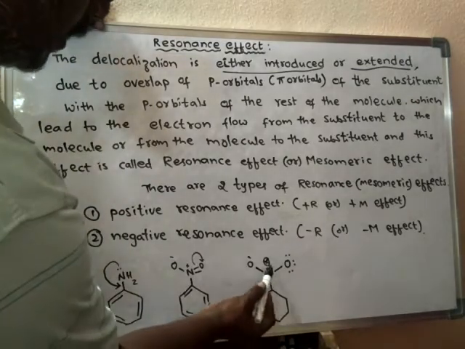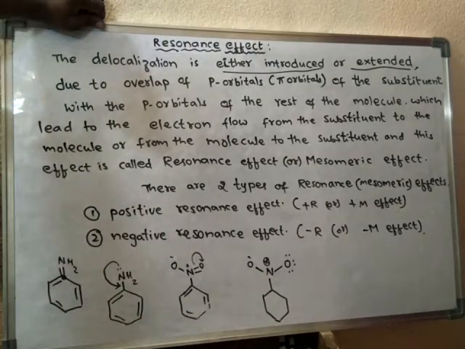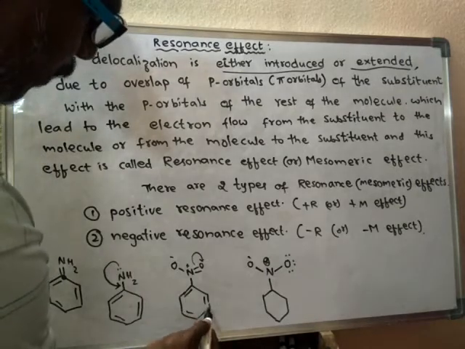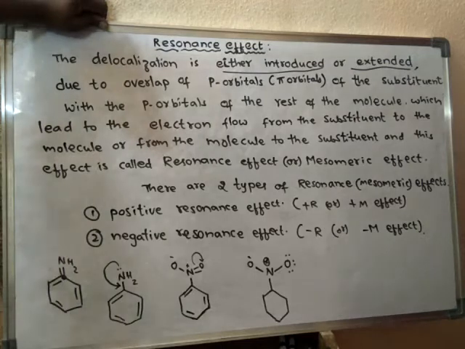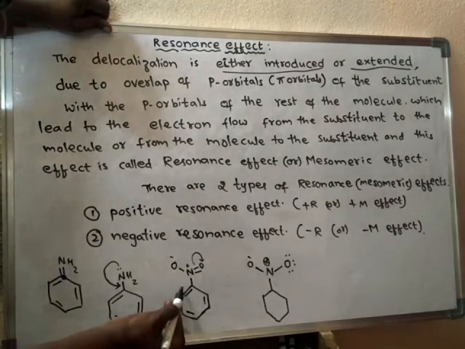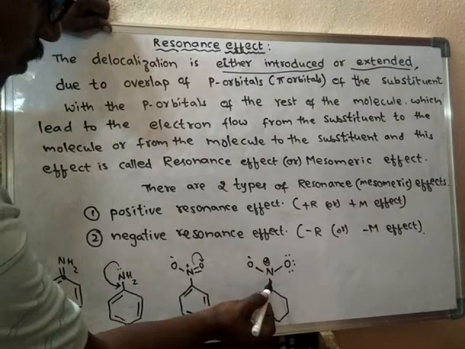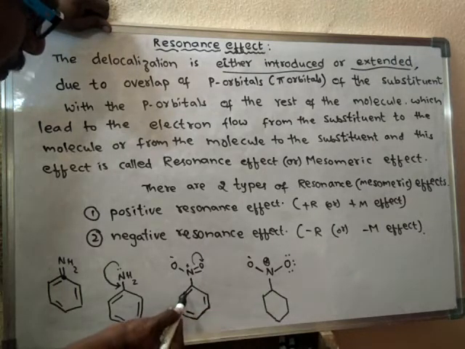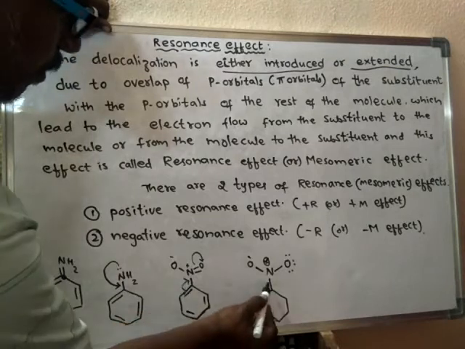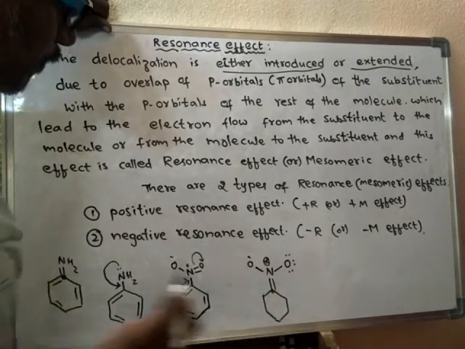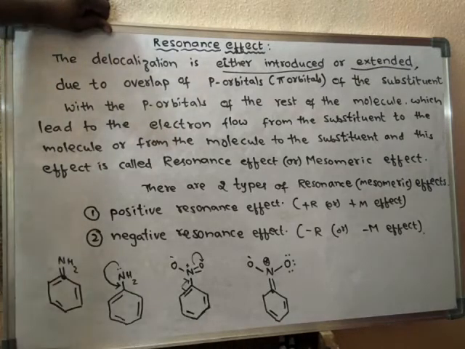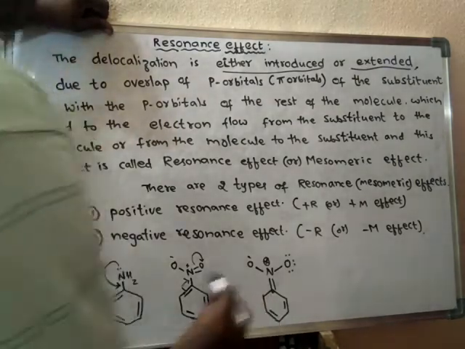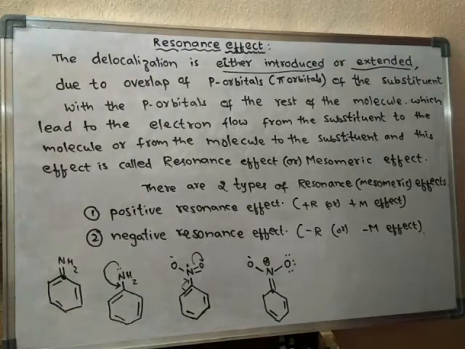To compensate the decrease in the electron density on nitrogen, the electrons present in the ring, because there are so many pi bonds, and pi bonds can break easily, will flow outside, so that a double bond is formed between nitrogen and carbon. These two pi bonds will remain as they are. So what is happening here? The flow of electrons is taking place.